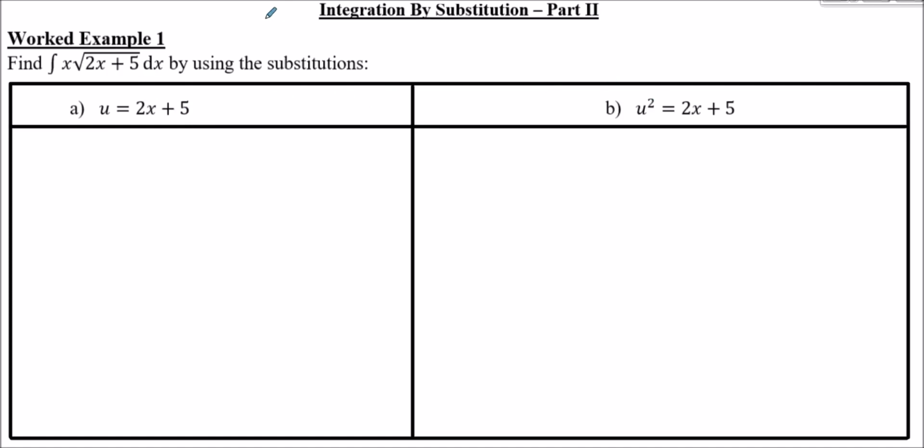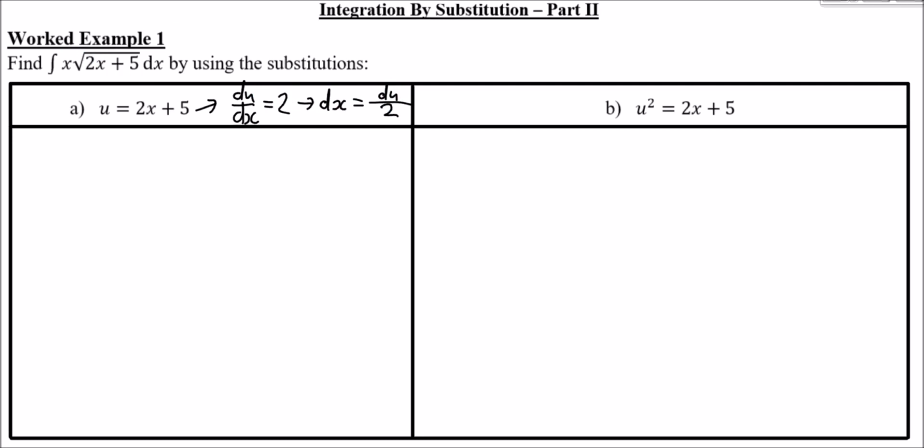So u equals 2x plus 5. So first off, take du by dx. So du by dx for part A will of course just be 2, and so therefore rearranging to get dx in terms of du, dx will just be du divided by 2.